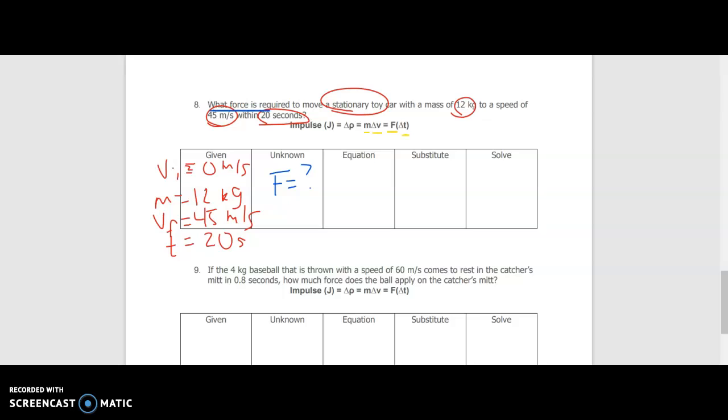We were given the time. So we have all parts to use this portion of our equation. So mass times the change in velocity equals force times time. So remember that it's mass times the final velocity minus the initial velocity equals force times time.